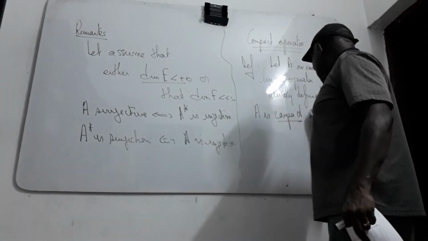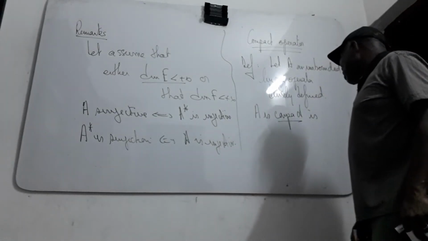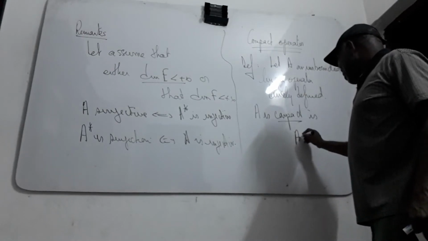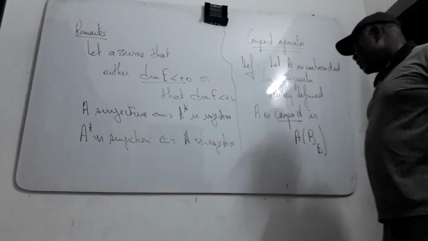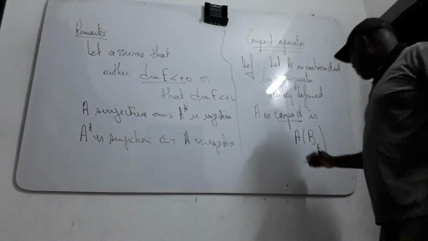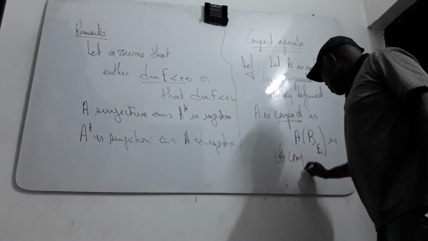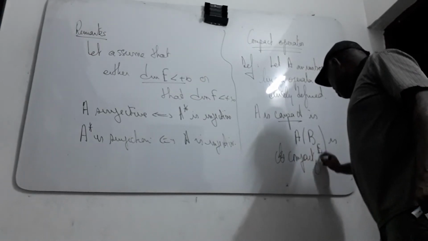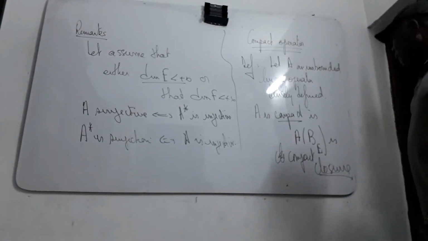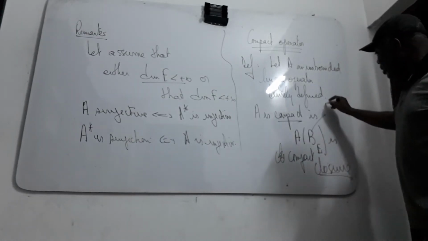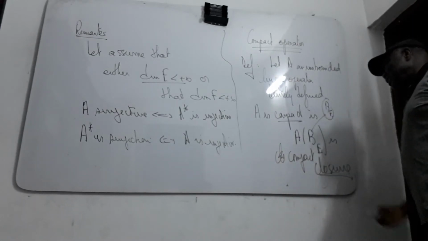We say that A is compact if the image of the unit ball in E under A has a compact closure.